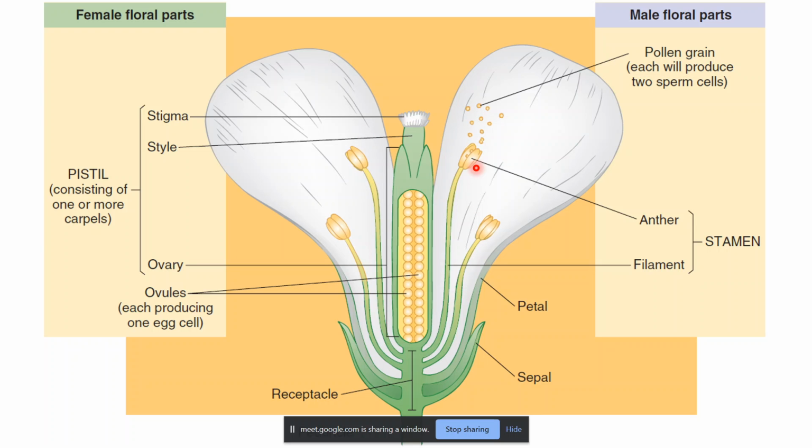Together they are called gametes. Gametes combine together and this process is called fertilization. Fertilization occurs in the ovary, in each ovule.